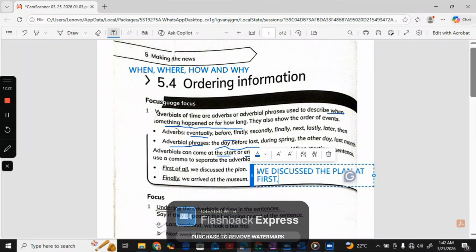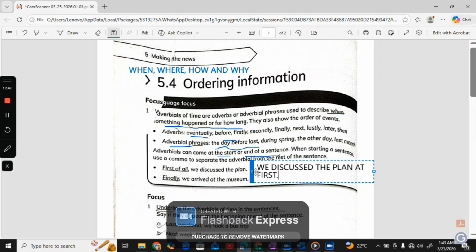Now, in this sentence, this is the adverbial part, at first. So there won't be any comma before it. Let me just change the color of at first so that it's easier for you to understand as well. We discussed the plan at first. All right. So there won't be any comma when the adverbial comes at the last.